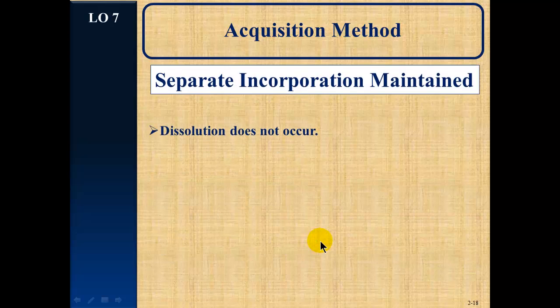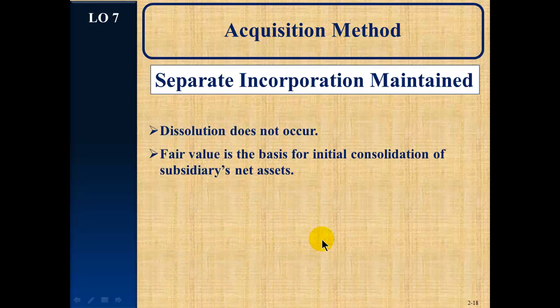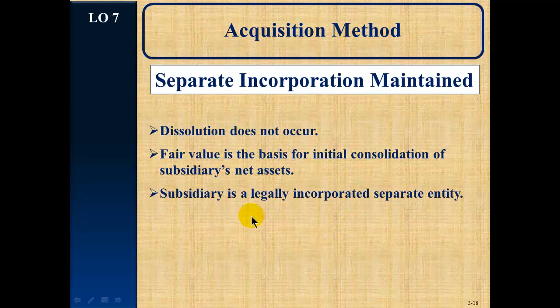Okay, this is typically the case: you don't dissolve the acquired corporation. The fair value of the assets is the basis for that initial consolidation, and you still maintain that subsidiary as a legally incorporated entity. Notice the term subsidiary there.